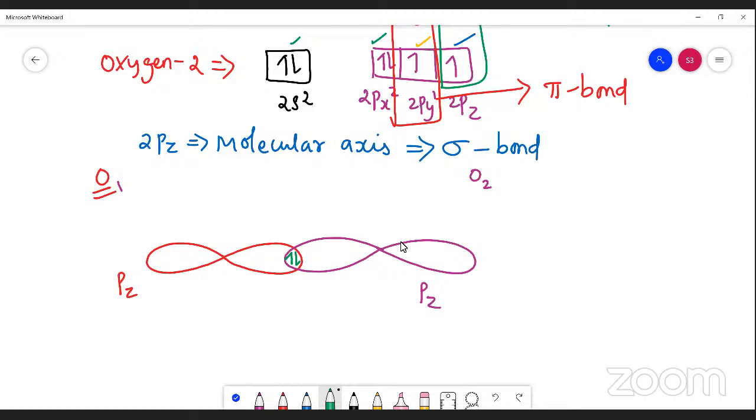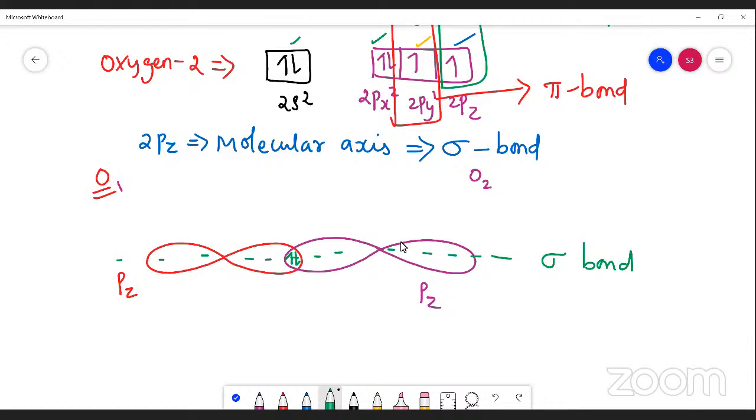This is called p-p overlapping, that is in the molecular axis. So this forms a sigma bond. What bond? A sigma bond.